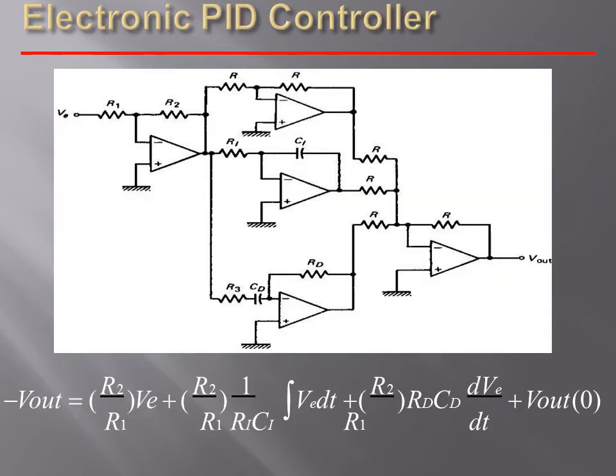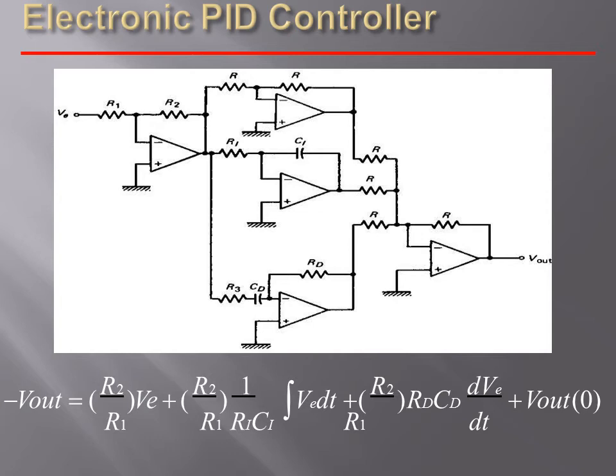So here is the electronic version of the PID controller, that is using the op-amps. It is the combination of the proportional, then integrator and the differentiator. And lastly the summer is added to take the sum of the three actions.